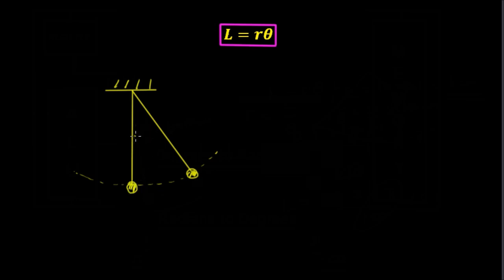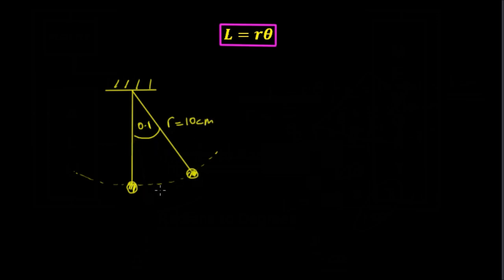And then we said that this angle here, now the angle is going to be in radians. So let's say the angle is 0.1 radian. And we're interested in the arc length, that is the length of this arc here that the pendulum bob has moved in. So let's say the length of this here, which is r, is, say, 10 centimeters.